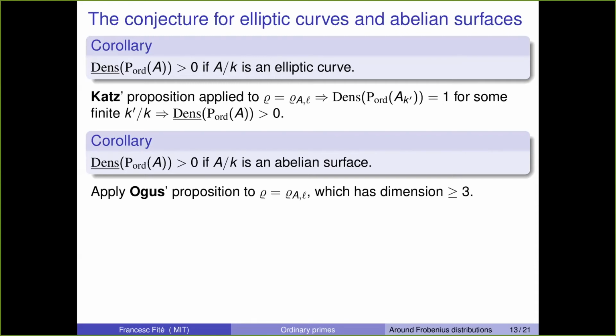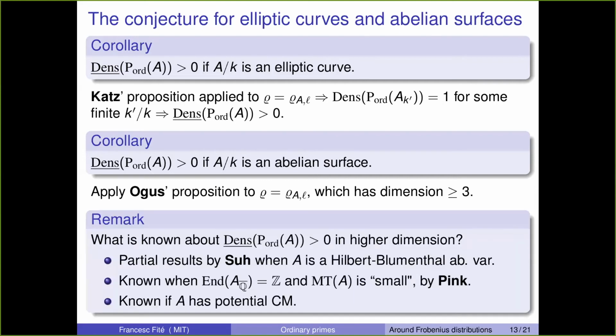So yeah, that establishes the conjecture in dimension at most 2. What is known in higher dimension? I should mention that there are partial results by Su when A is an abelian variety which has multiplication by some totally real field, which has degree equal to the dimension of the variety.